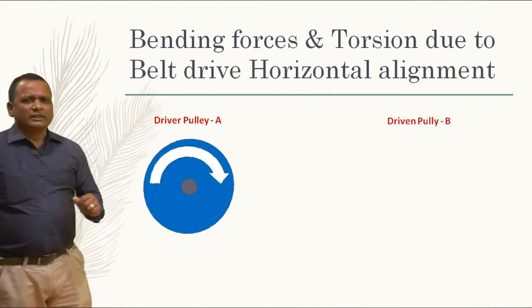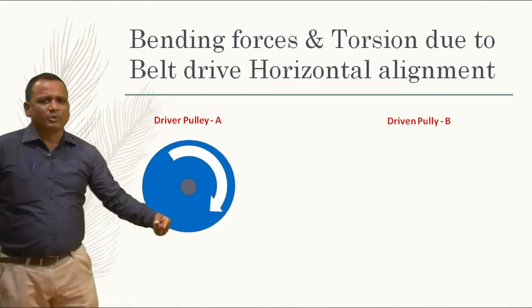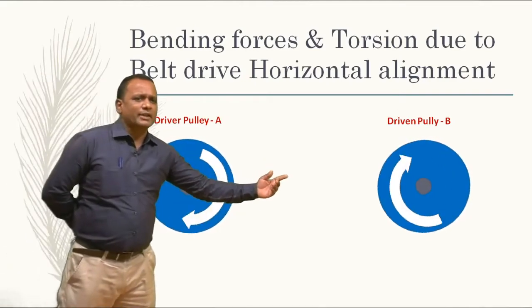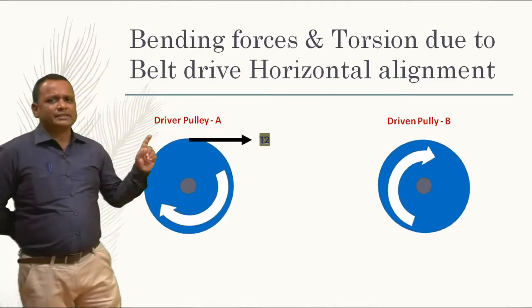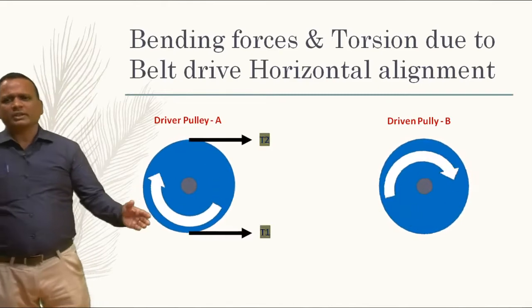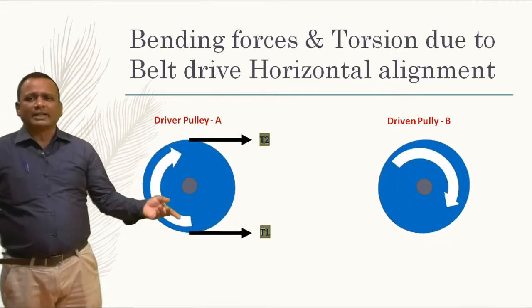In a belt drive, the belt rotates the whole pulley and transmits power to the driven one, which rotates in the same direction. I consider the upper as the T1 tension and T2 as the bottom, or even the lower one as T1 and the upper as T2; it depends on the tight and slack sides.